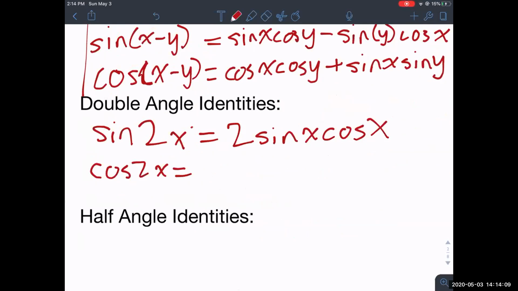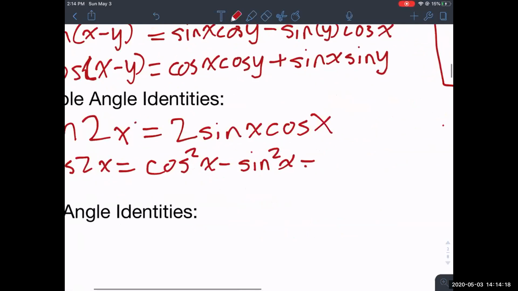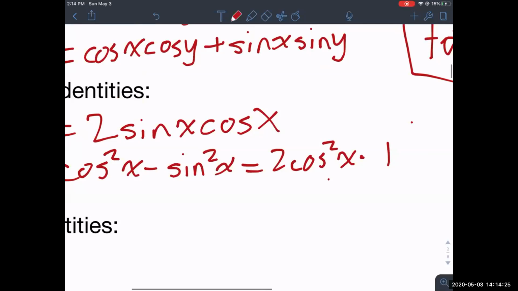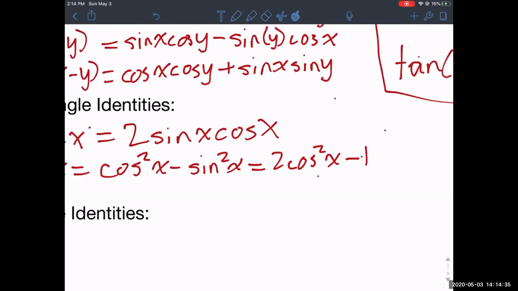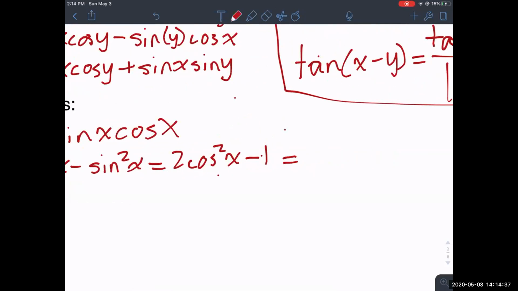One is cosine squared x minus sine squared x. Another way of writing it is 2 cosine squared x minus 1. I can't write a negative sign for whatever reason. And the last one is 1 minus 2 sine squared x.